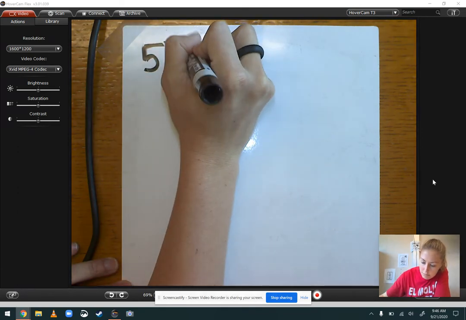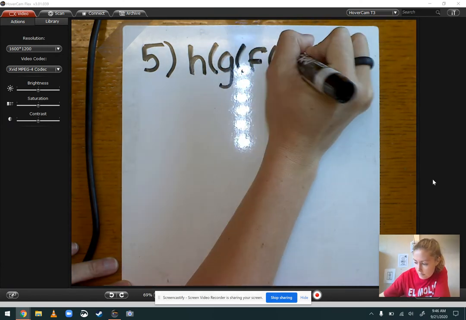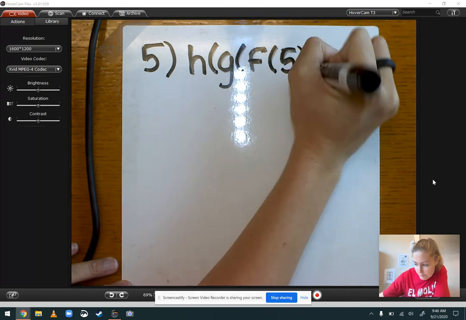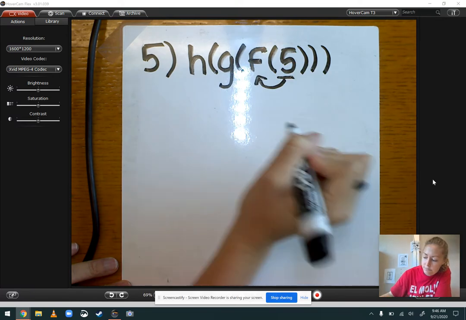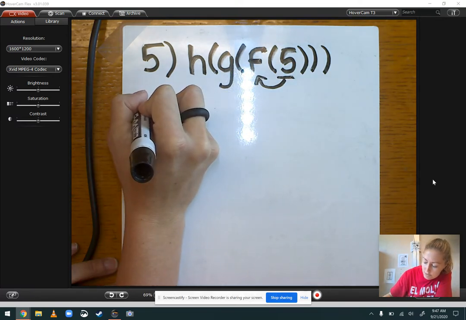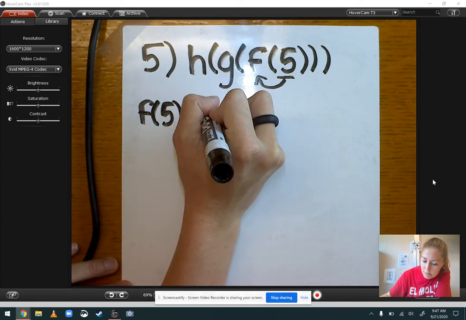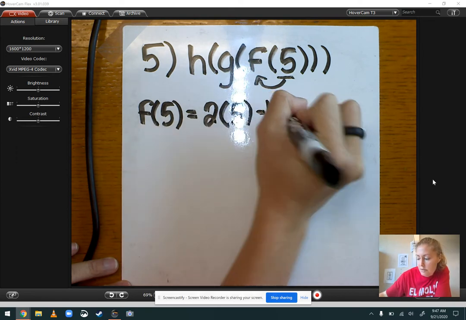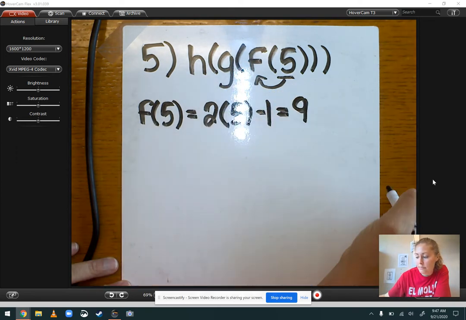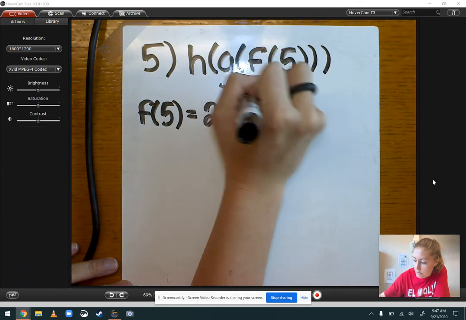Number 5, we have h of g of f of 5. We're going to take the 5 and plug it in for f. So f of 5 is equal to 2 times 5 minus 1. 10 minus 1 is 9. We plug that value into the g.